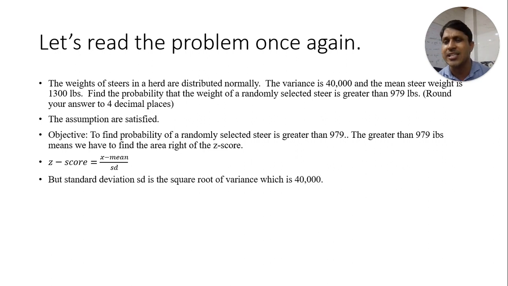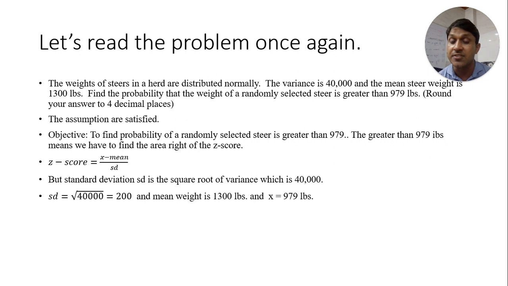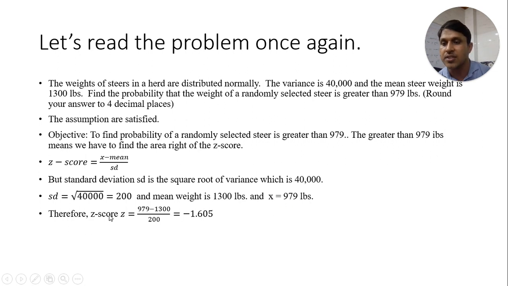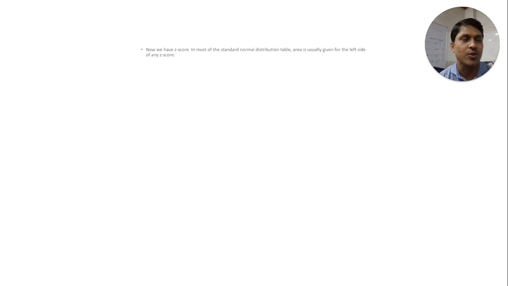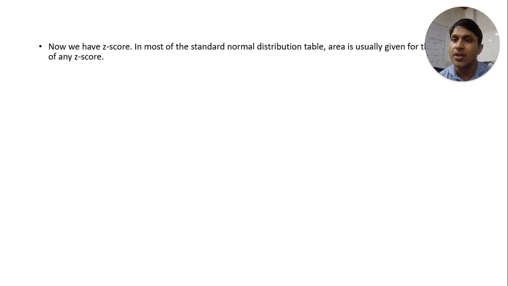The z-score is x minus the mean over the standard deviation, and the standard deviation is the square root of the variance 40,000, which is 200. The mean is 1,300 pounds and x is 979 pounds. Therefore the z-score is (979 minus 1,300) divided by 200, which is negative 1.605.